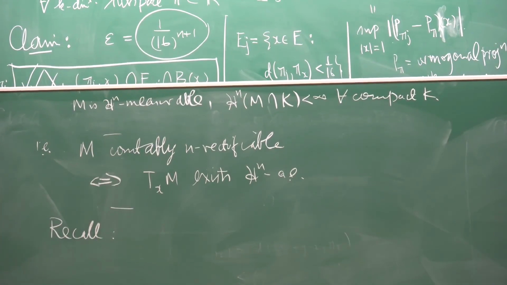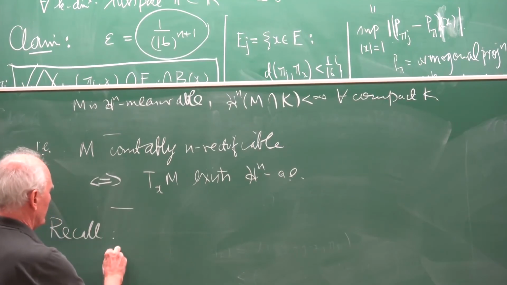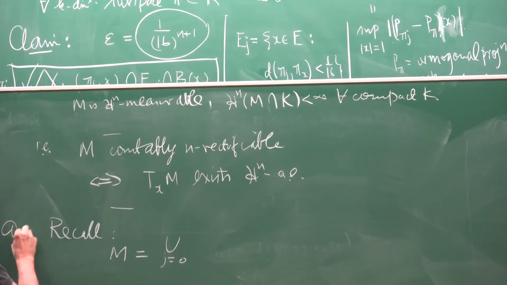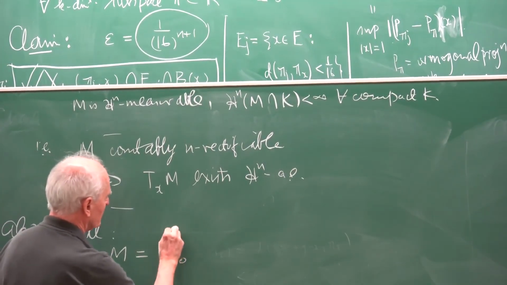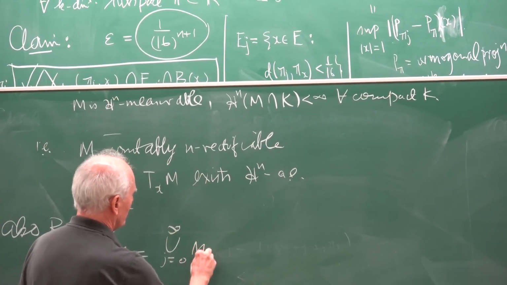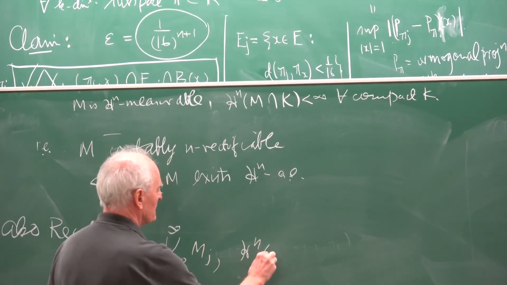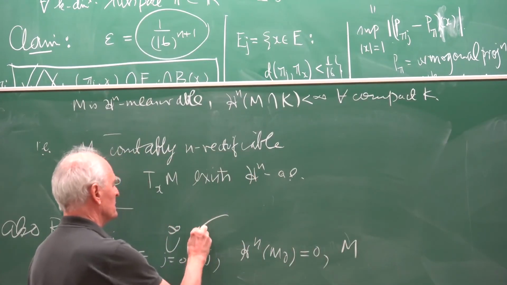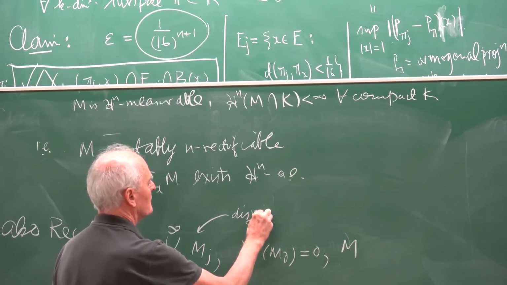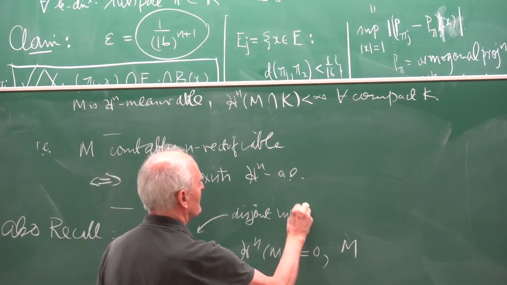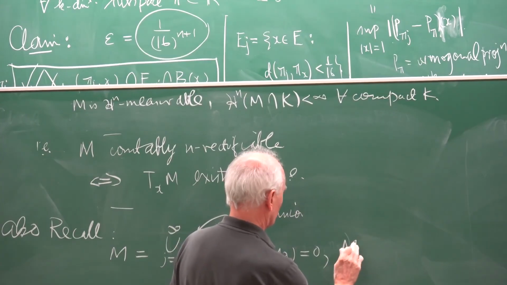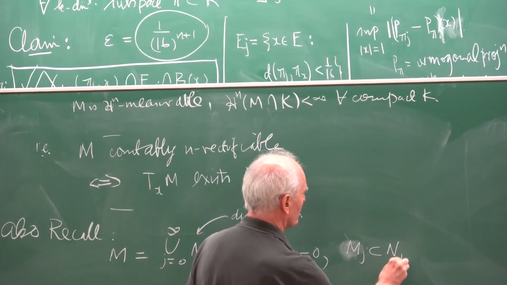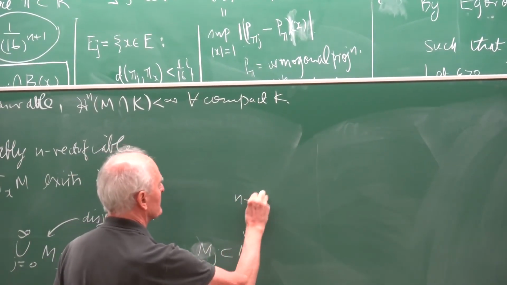Recall that you can write M equals the union, j equals 0 to infinity, of M_j, where H^n of M_0 is equal to 0, and this is a disjoint union. This is an additional fact. And M_j is contained in N_j, where N_j is an n-dimensional C^1 submanifold.